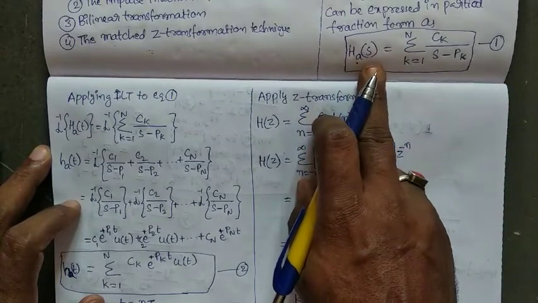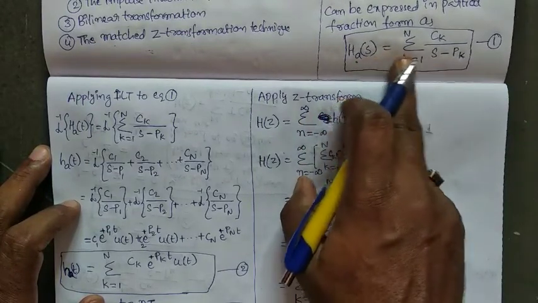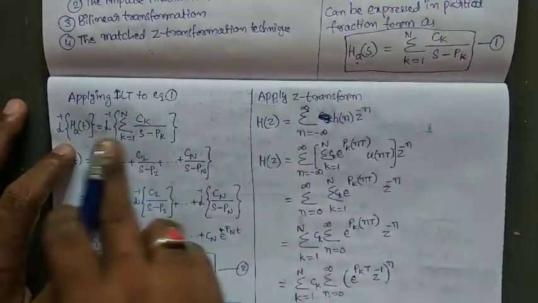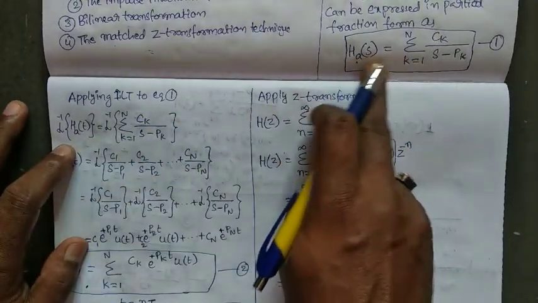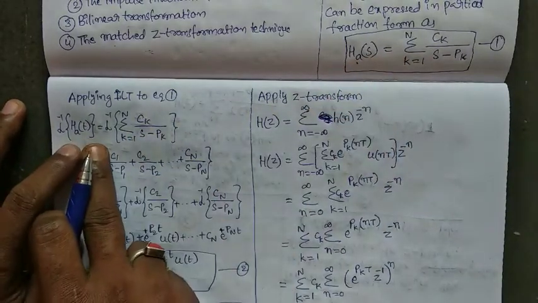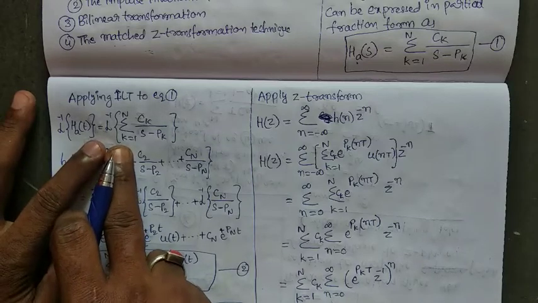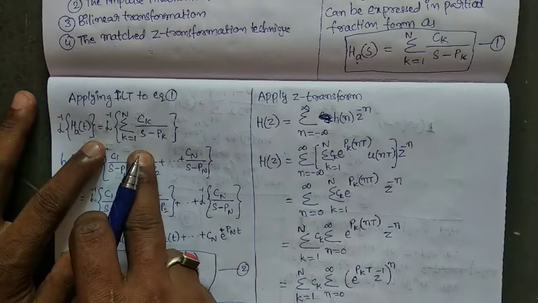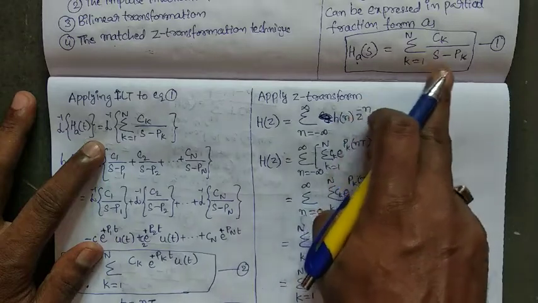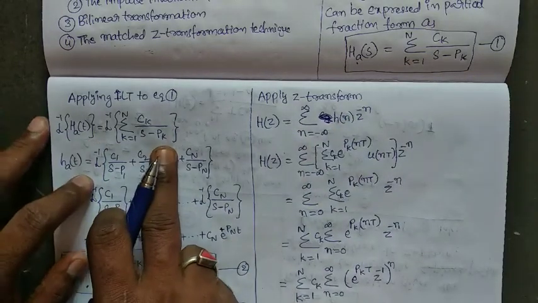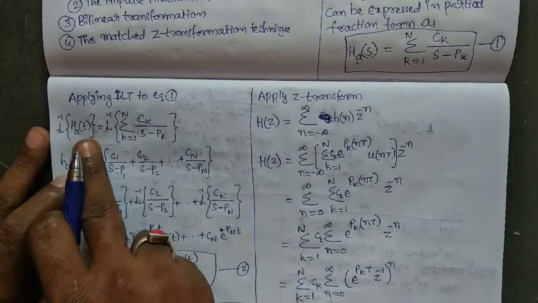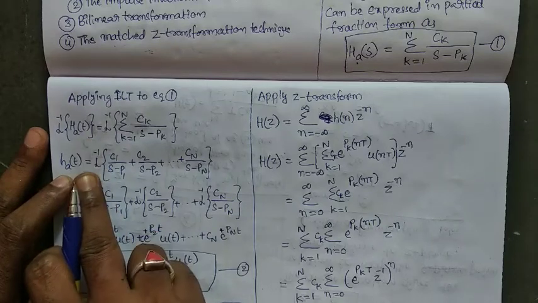Next we apply the inverse Laplace transform to equation 1. Taking the inverse Laplace transform on both sides, the inverse Laplace transform of HA of s is equal to the inverse Laplace transform of the summation from k equal to 1 to N of ck by s minus pk. The inverse Laplace transform of HA of s is HA of t.